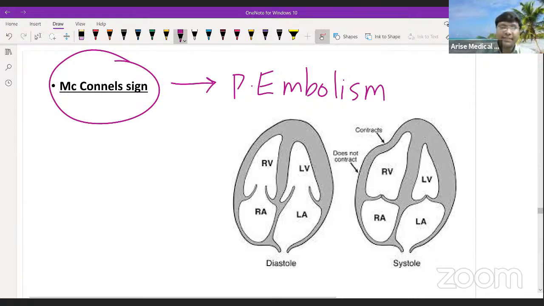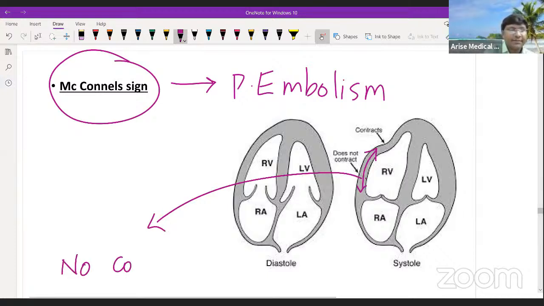The lateral wall of the right ventricle does not contract. Lateral wall of the right ventricle, there will be no contraction. But there will be contraction of only the apex.